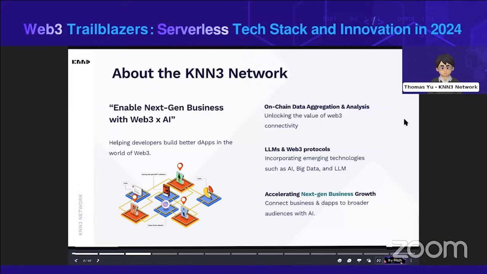the so-called next-gen business and next-gen DApp, which means we want to help them in at least 3 ways. First, we want to make it much easier for them to develop on blockchain data. As we all know, we have a lot of blockchains and a lot of platforms that aim to connect you, but that also creates the problem of data segmentation.